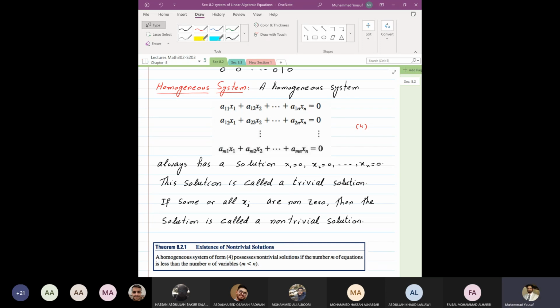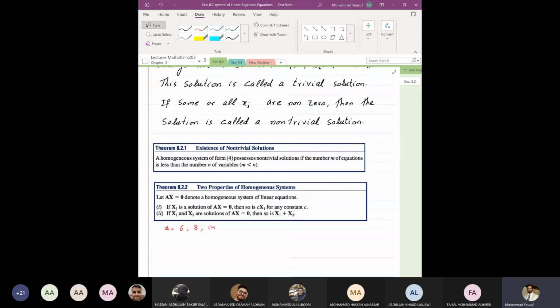And if some or all xi are non-zero, then the solution is called non-trivial. These are two results. A homogeneous system like this possesses non-trivial solutions if the number of equations is less than the number of variables, exactly the situation which I just showed you with the C1, C2, C3.